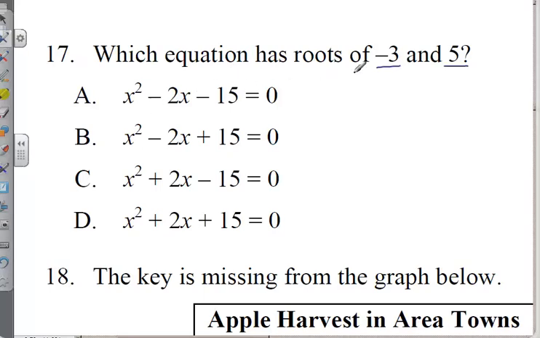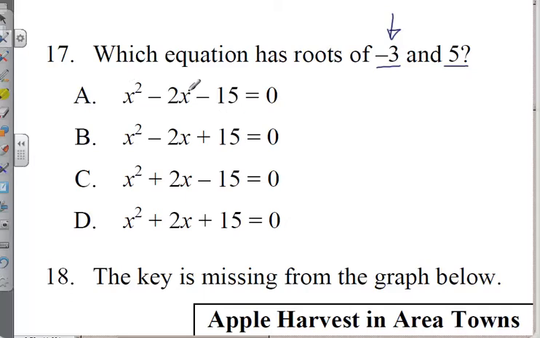So basically what I'm trying to say is that if you plug in -3 in all of these equations, -3 will basically make a true statement for the one that will be the right equation, the equation that has -3 as one of its roots, right?